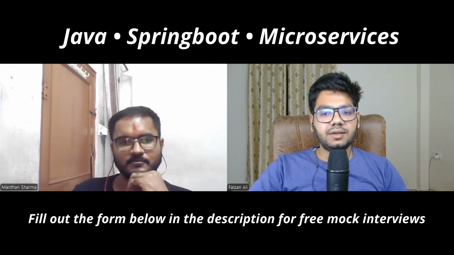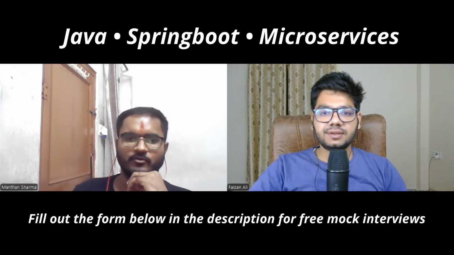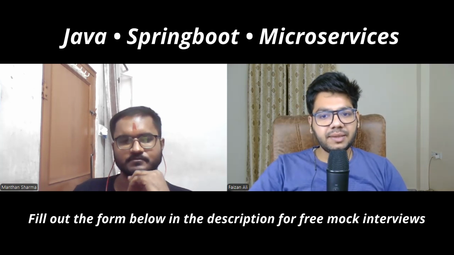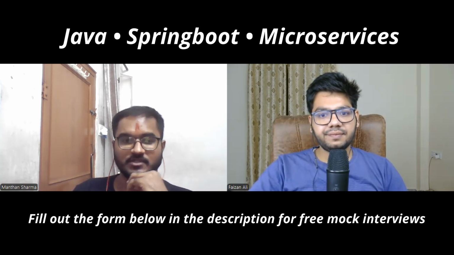Can we write multiple finally blocks? No, we can only write one. How would you handle multiple exceptions in a single catch block? We can use the parent class of all exceptions, the Exception class. It would catch all exceptions.